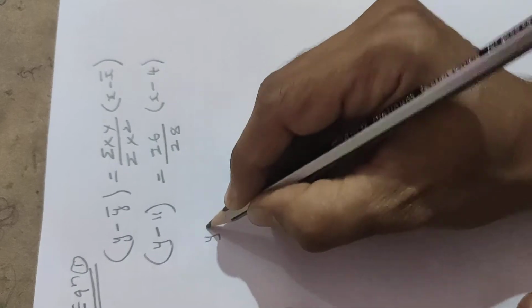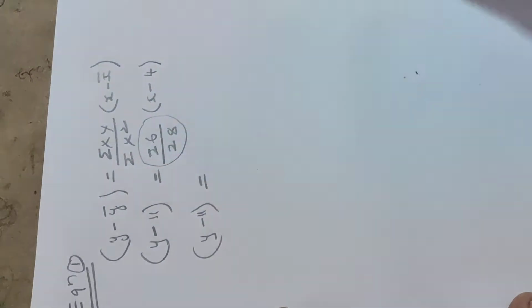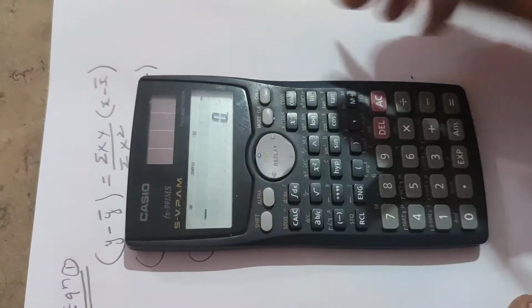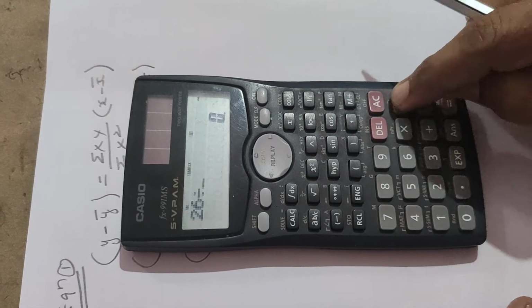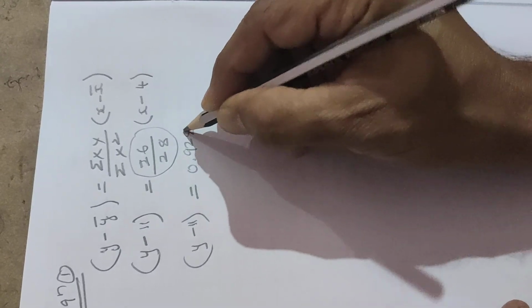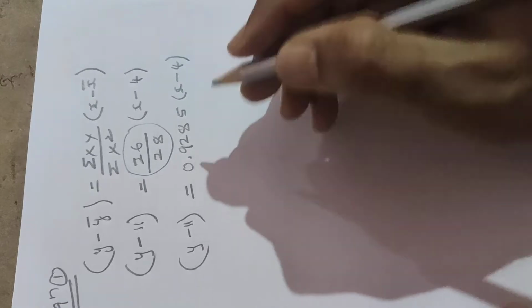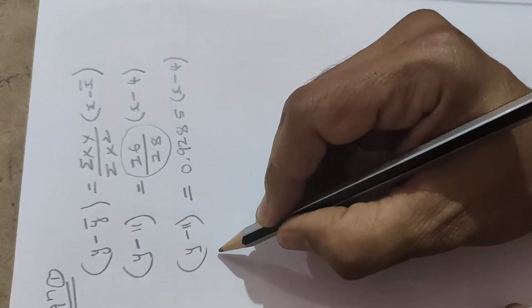So y minus 11 is equal to, first I'll find out this value. So that is 26 by 28. That will give you 0.9285 into x minus 4. As I told already, it should be in terms of y.